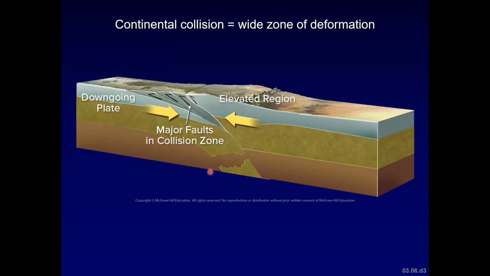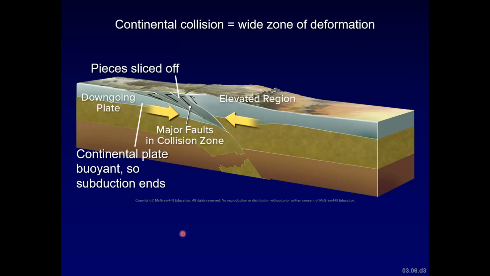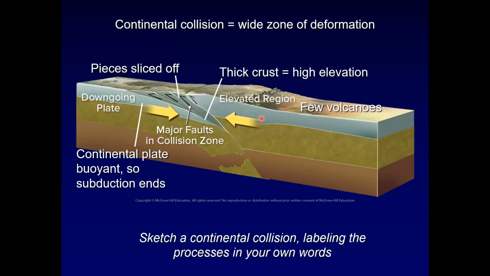There could be some in the crust, so maybe you'll get some recrystallized magma, but volcanoes would be kind of rare in that situation. As these converge, the crust thickens a whole lot. And that will form a large mountain belt or high plateau like the Tibetan Plateau. Okay. That's where your pieces are sliced off in your elevated region. If you want, you can sketch this.